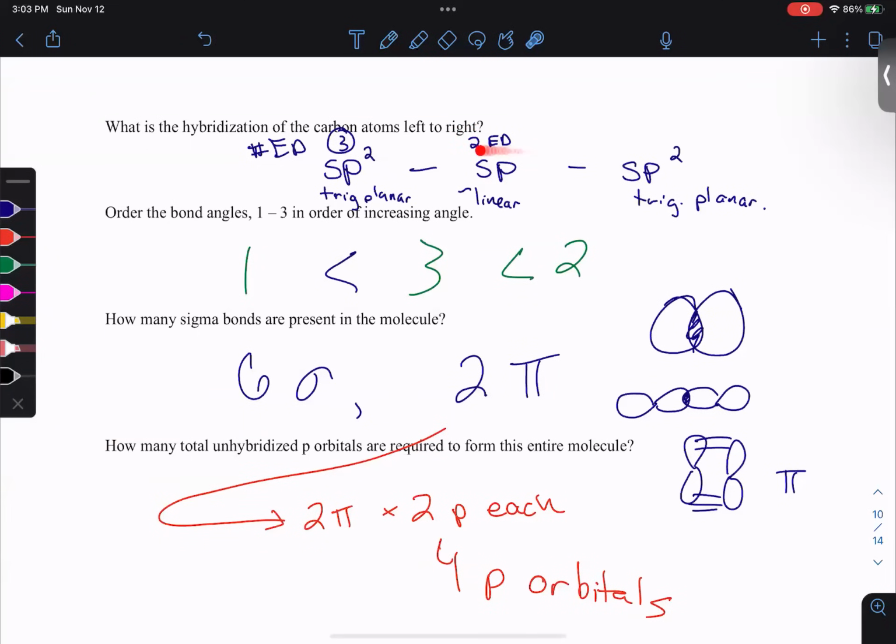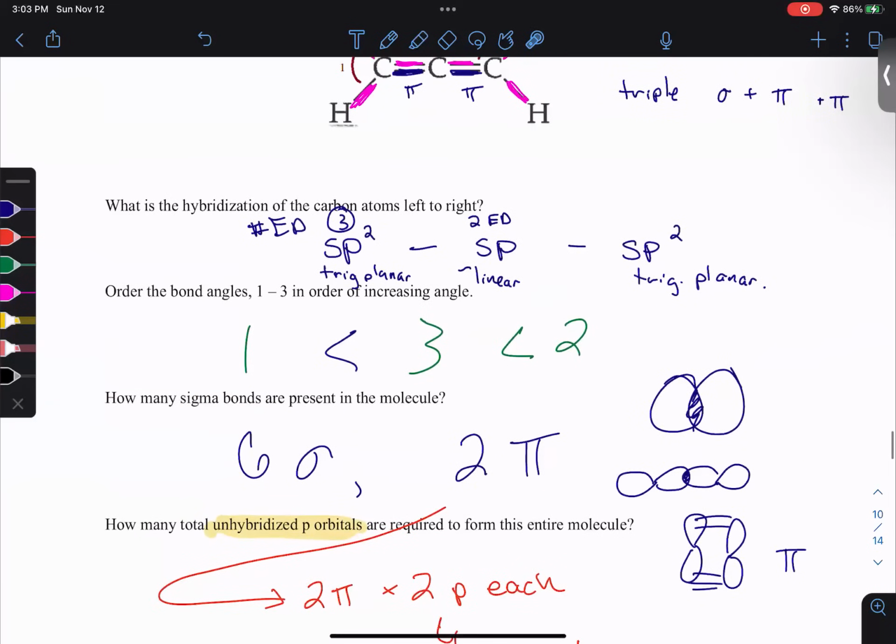Let's look at the hybridization. Note the question is how many unhybridized p orbitals? Remember when we hybridize things, we have an s orbital and 3 p orbitals, and hybridization is just saying, if we have 3 electron domains, we only need to mix 3 of the atomic orbitals, leaving this unhybridized p orbital left over. So if we look at sp2 hybrids, how many leftover p orbitals are on this carbon atom?